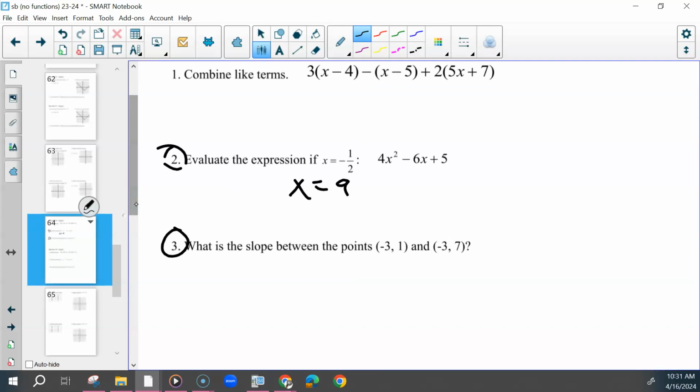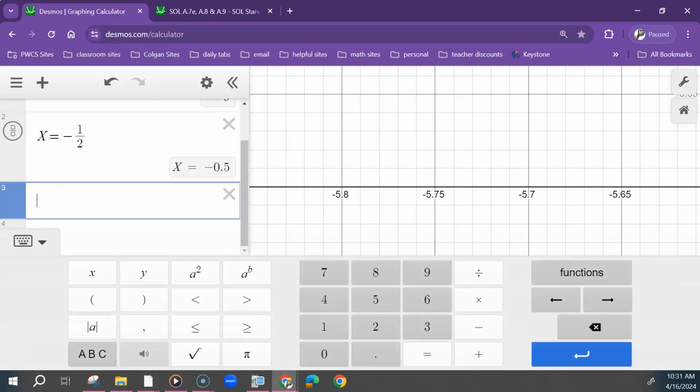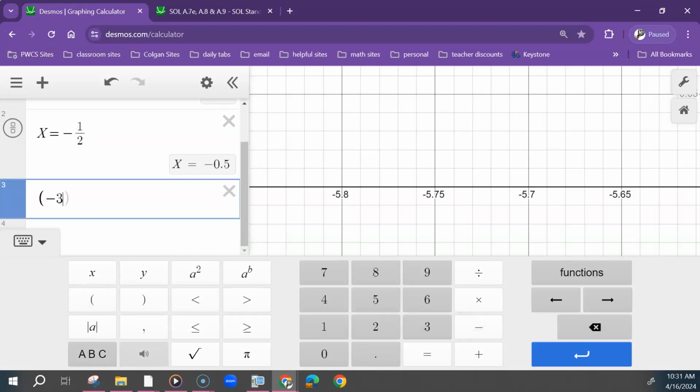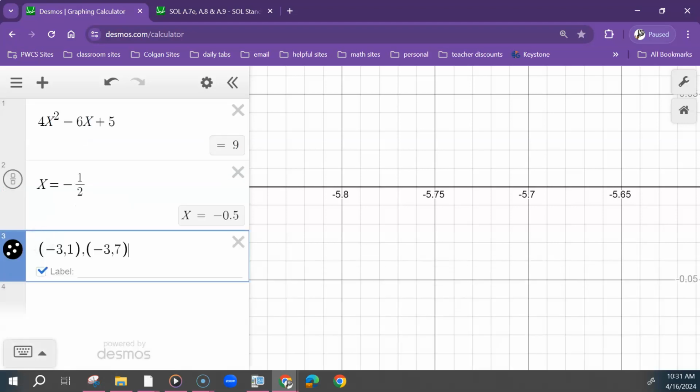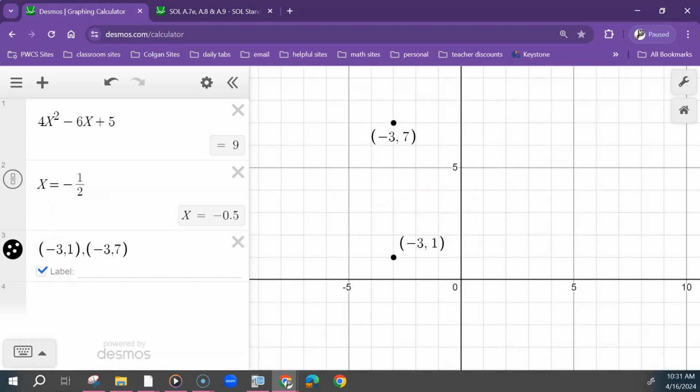Alright, for number 3, if I type in those points, they fall on the same vertical line, so the slope of that would be undefined.